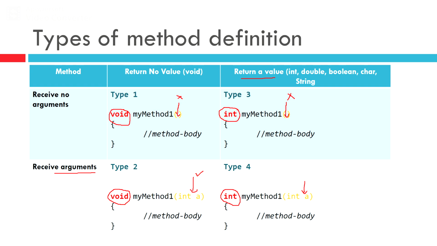So because you have one parameter means you will also receive one argument value from the method call to be processed in the method. Okay. Alright. Now we will go through one by one of this method definition in the next slide.